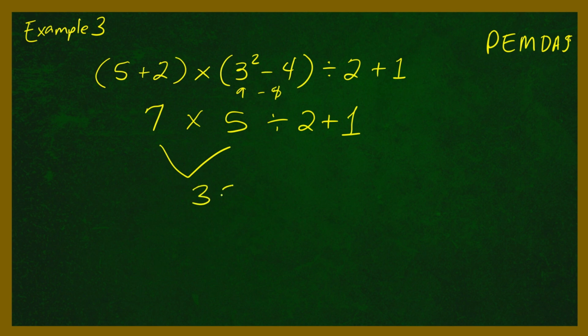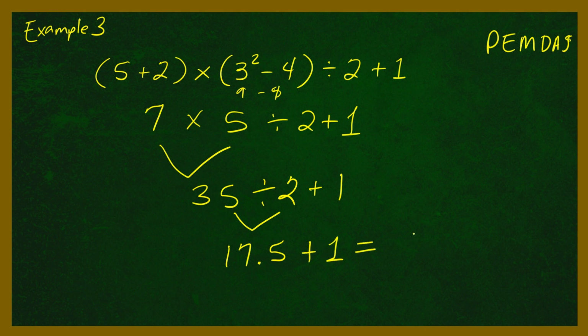That will give us 35 divided by 2 plus 1. And our next step, we have division. 35 divided by 2, that will give us a value of 17.5. Then when we add 1 to that, our final solution is 18.5.